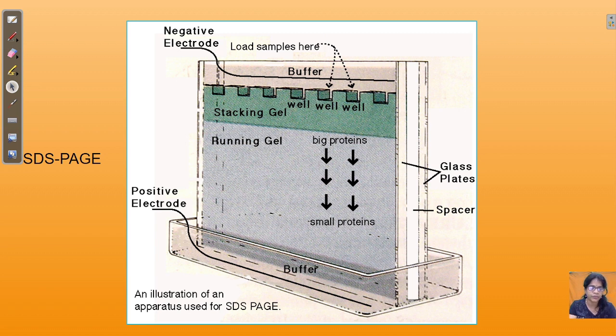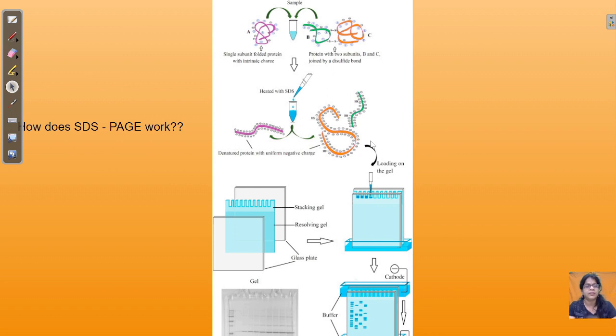So this is the apparatus for SDS, how in the lab we organize SDS electrophoresis in this diagram. I told you these are the two glass plates, and you have two types of gels. Let's summarize it as simply as possible through this diagram. The sample is added with SDS and all, and they will denature the proteins.